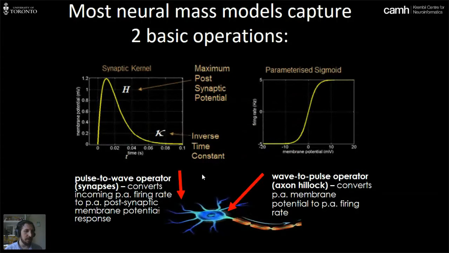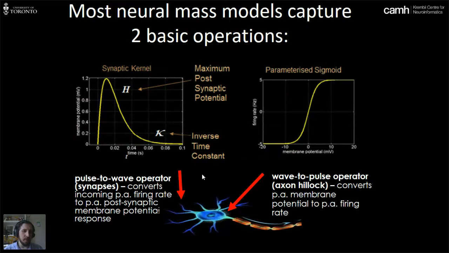Again, it's not every single type, but this is probably 80% of these type of descriptions. They have essentially 2 basic operations: an operator acting at the synapses that accumulates inputs, and an operator acting at, broadly speaking, the axon hillock that defines outputs.